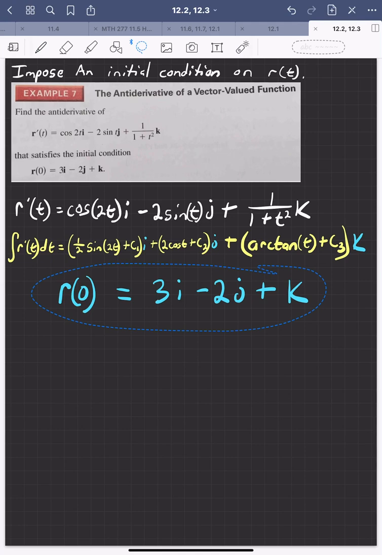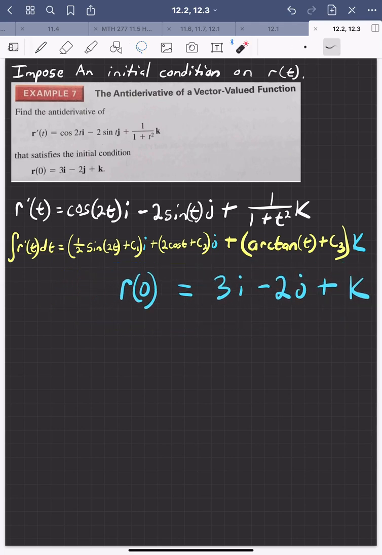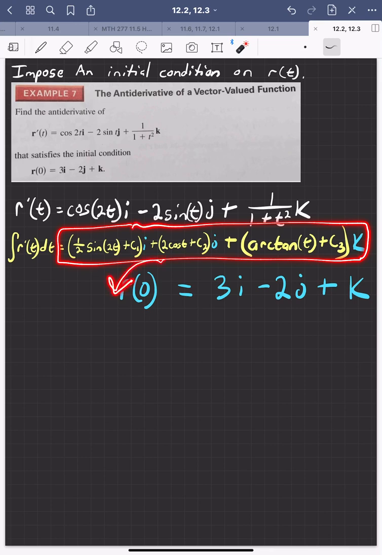So now I want you to follow me here, because we're almost done. What we're going to do is figure out what the left side of this equation is. We're going to take this vector and write it here, except that we're going to plug 0 in for t.